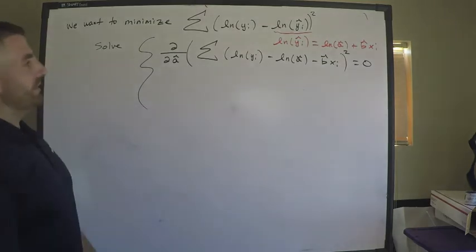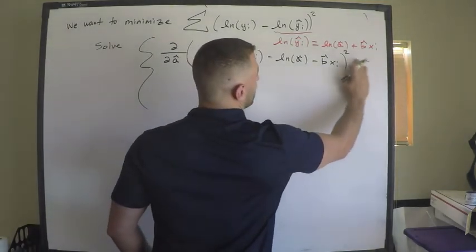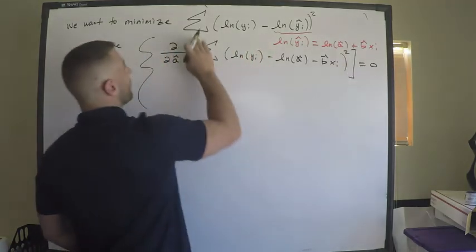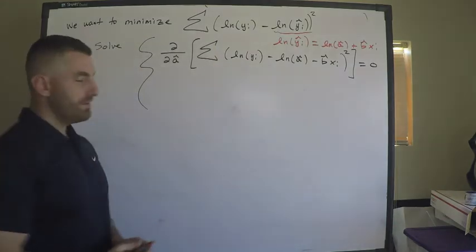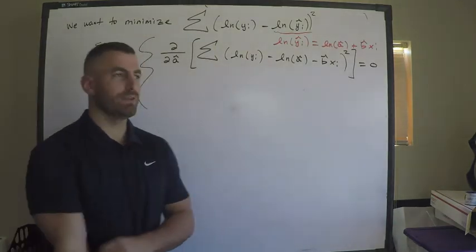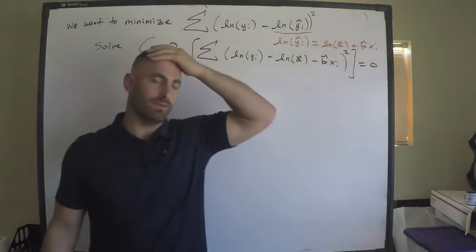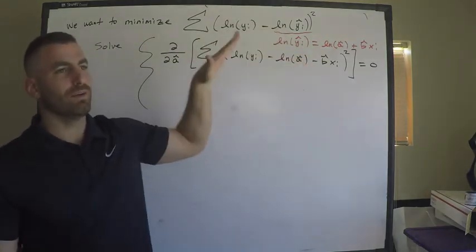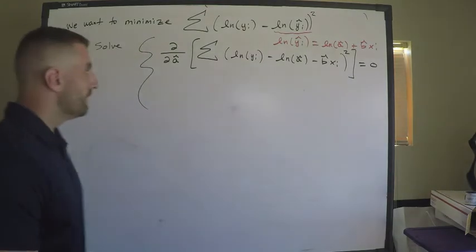This should make sense, I hope, because we are looking for where the derivative with respect to the parameter a hat is equal to 0. We're solving an optimization problem. Remember, derivatives are 0 if you have some sort of peak or some sort of trough. So hopefully we're at some sort of trough, visually speaking.